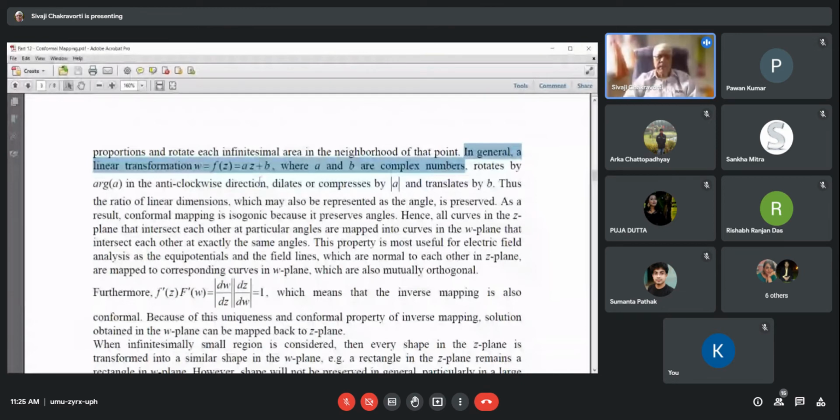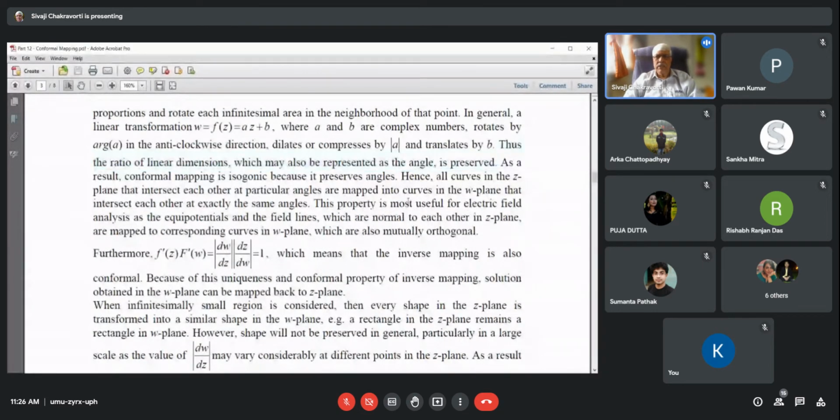After the multiplication and the rotation, whatever you are getting, you translate it by b. Plus b means nothing but the translation. Therefore, one very important thing is that the ratio of linear dimensions, which may also be represented as the angle, is preserved in conformal mapping. That's a very important aspect. I am going to explain it after some time.